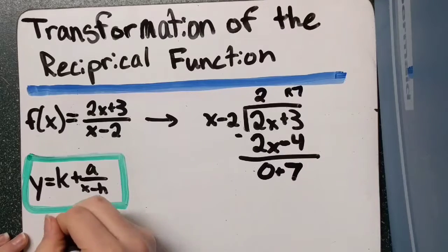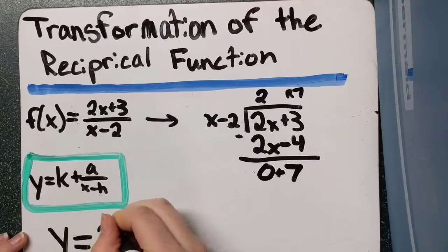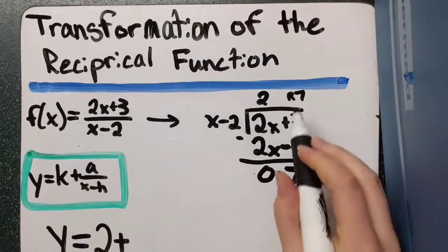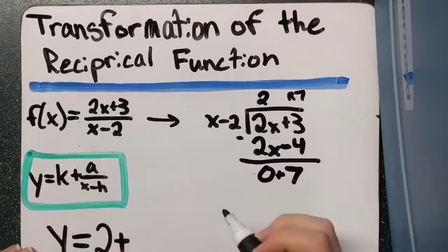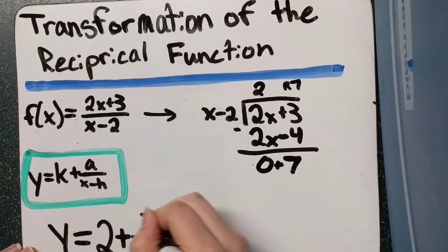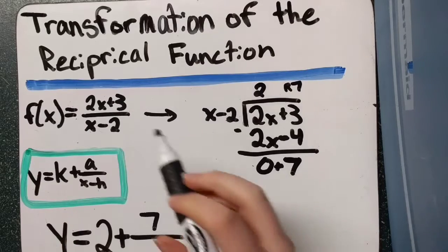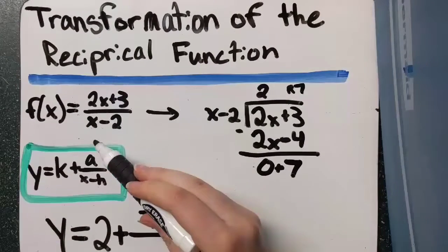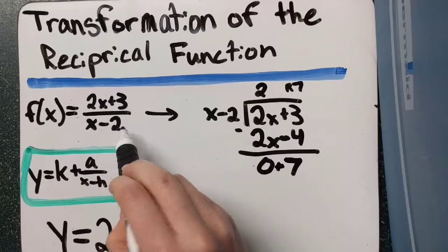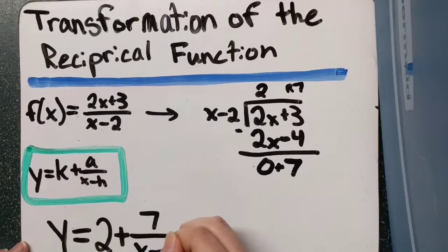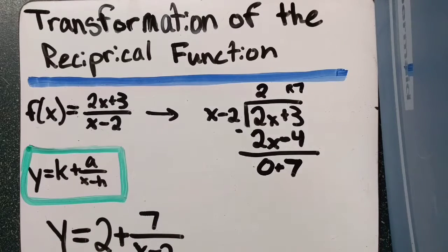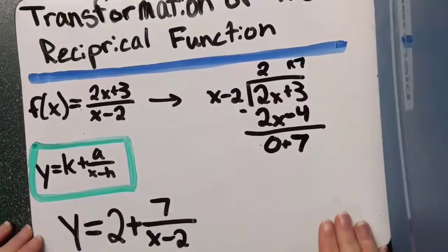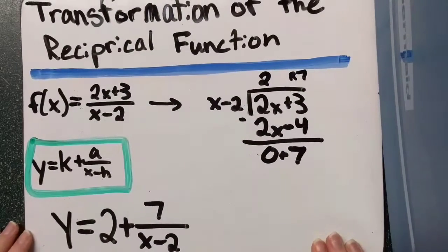We have y = k, which is 2, plus the remainder 7, which is going to be our a value, so 7 over x − h. We keep the same denominator from up here. Whatever your denominator is when you start, you keep that same denominator. That will also allow you to keep the same vertical asymptote, I'm sorry, that was my mistake. You should be able to catch that because we know that vertical asymptotes come from the denominator.